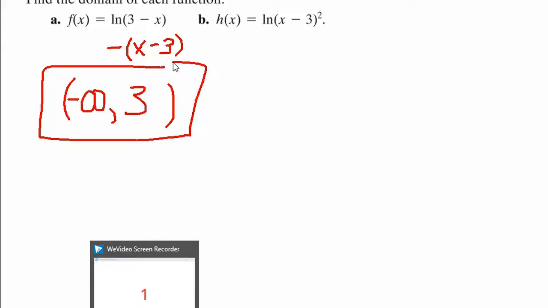All right, so on the next one, this time we also have a square. If I go ahead and put this one in, it's not changing my asymptote.